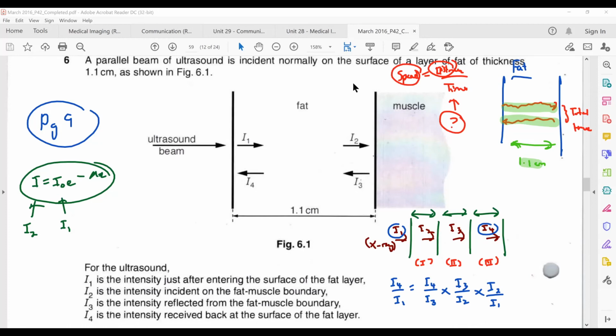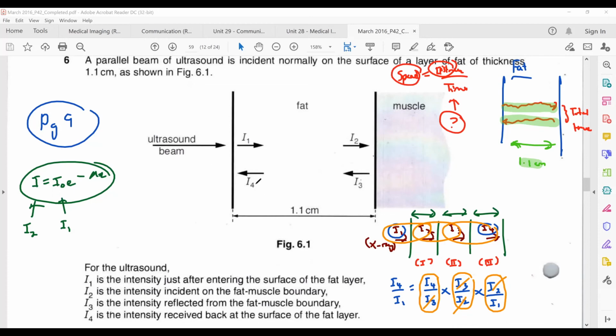You see there's a pattern here. This ratio equals this ratio multiplied with this ratio multiplied with this ratio. Then eventually you see that this will cancel off, this will cancel off, giving you back that same answer. If you are able to find out each of these ratios, you'll be able to find out the ratio between the final and initial intensity.